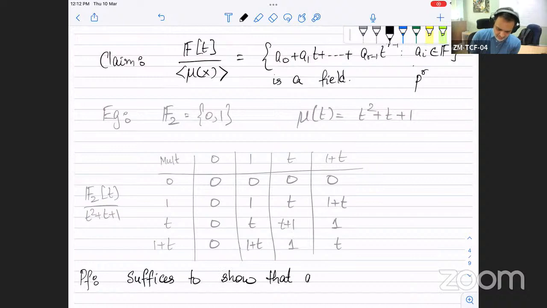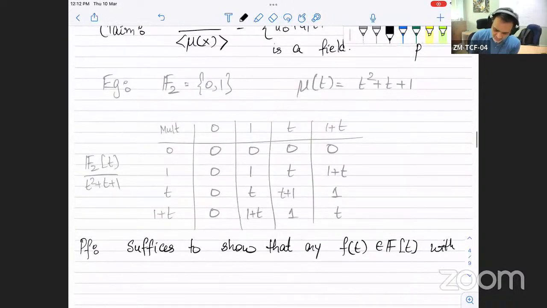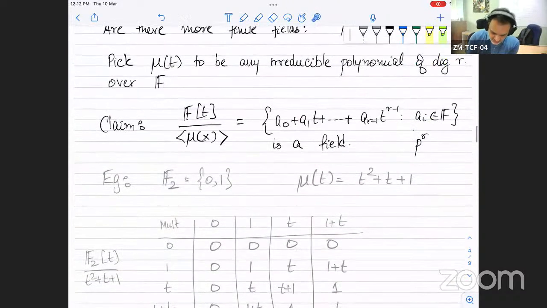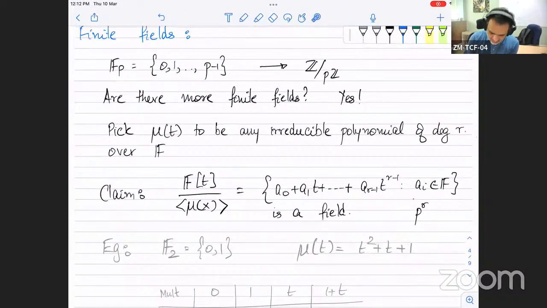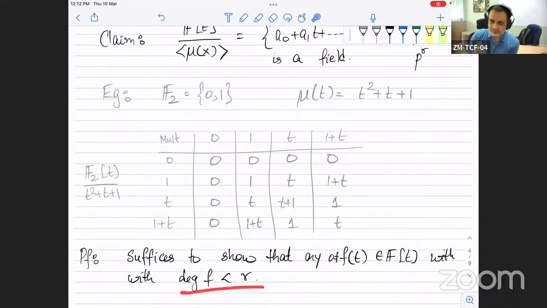Whenever you pick any non-zero polynomial f of t with degree of f strictly smaller than r, where r is the degree of mu, I want to claim there is an inverse.